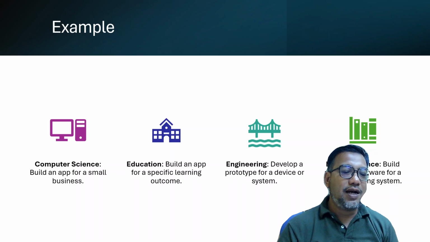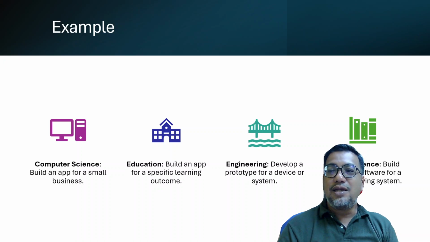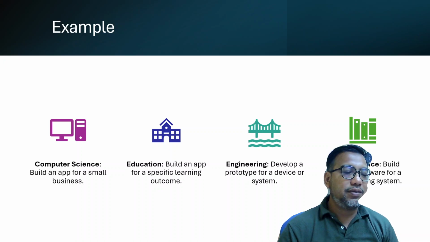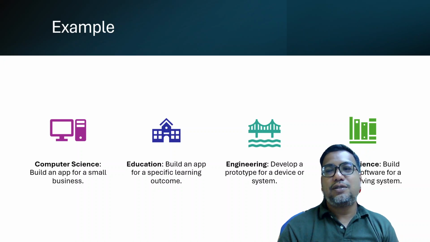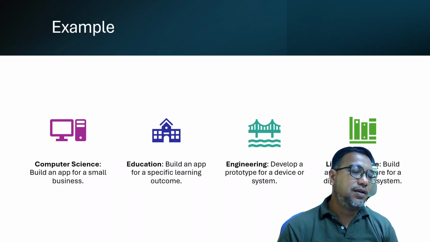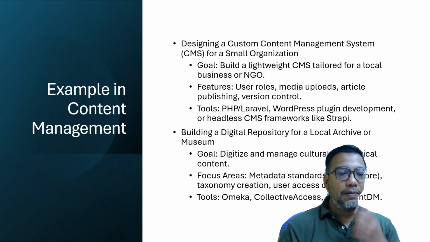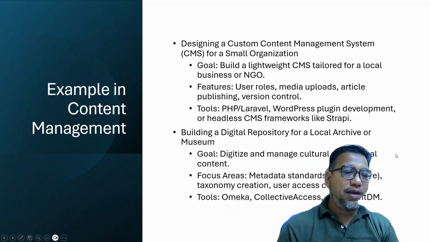Right, these are examples. For example, you want to build an app in a library. You want to build an app to assist the teaching and learning process. Right. These are examples in content management.